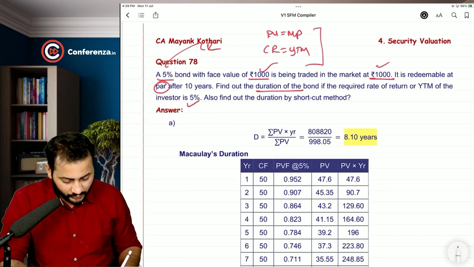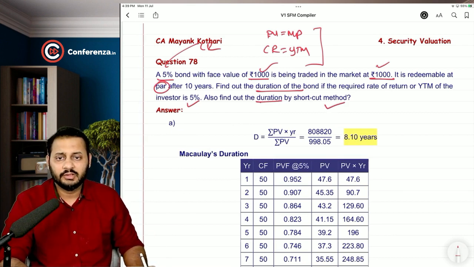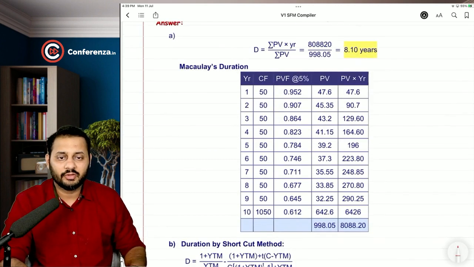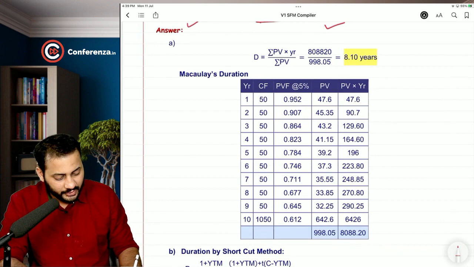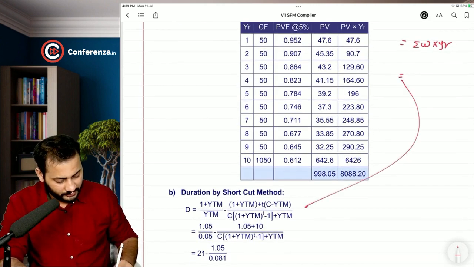And they want you to calculate the duration by the shortcut method. Also find out, you can calculate it one more time. So Macaulay's duration with the normal method is this. There are three different methods that you can use for the duration. Summation of present value into year divided by summation of present value, summation of weight of the present value into year, and this shortcut method.